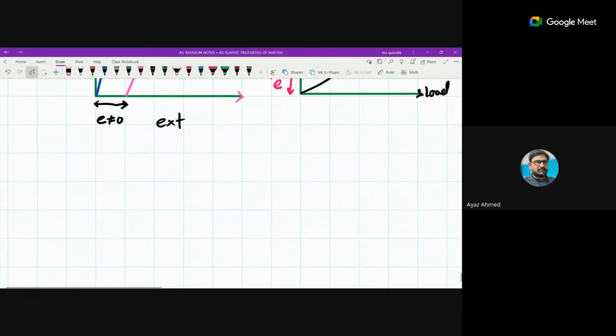Now the calculations of energies are involved here. There are three types of energies which we use to calculate the work done on the sample for deformation.